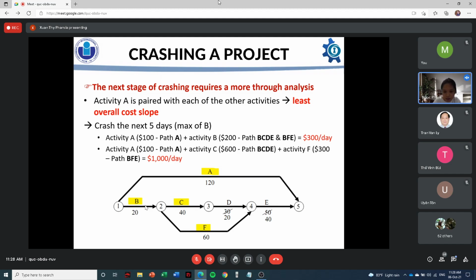The second option is to crash activity A along with activity C and F, which adds an additional cost of 1,000 per day. So we can easily choose the first one as it has less additional cost.